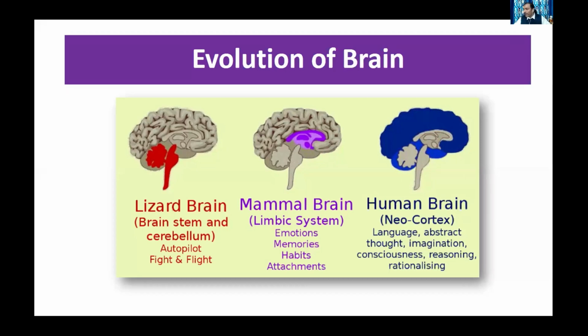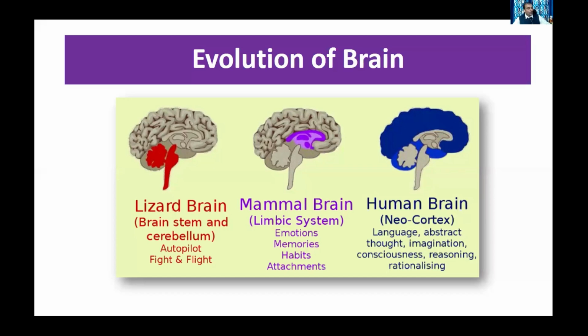Until now, only the frontal lobe, your neocortex, and the limbic system are in action. But if you can do this consistently over a period of time, collecting, segregating the chemical, and being in action, the next brain, the lizard brain, your reptilian brain or the cerebellum, will kick in. And why it will kick in is that when this happens over a period of time, it will become a habit for you.